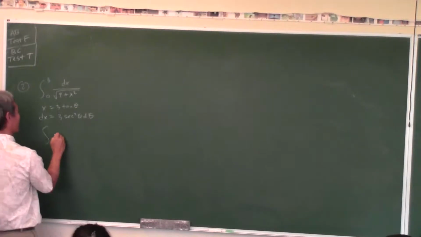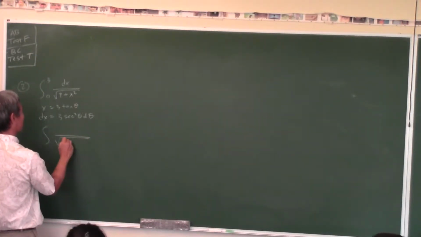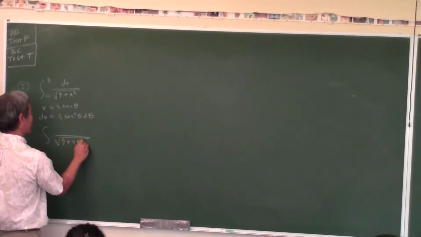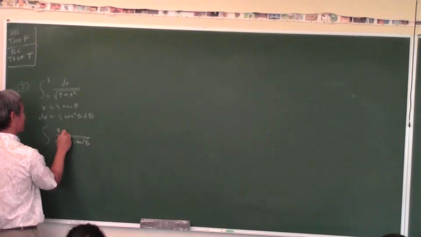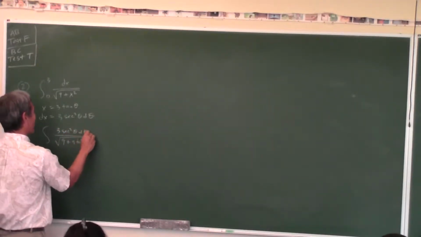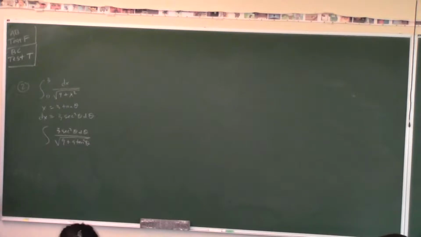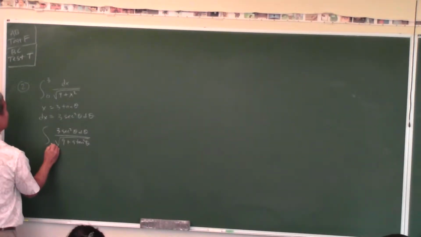So this integral becomes, on the denominator, the square root of 9 plus 9 tangent squared theta, and dx is 3 secant squared theta d theta. And what are my new limits of integration? Just read it off your paper.